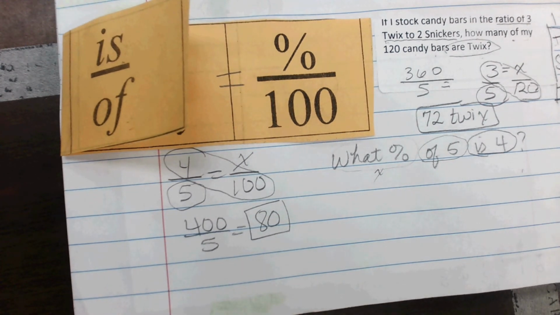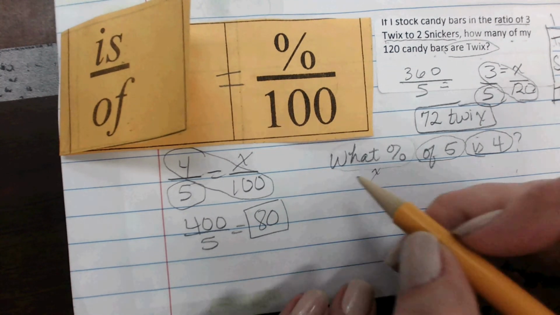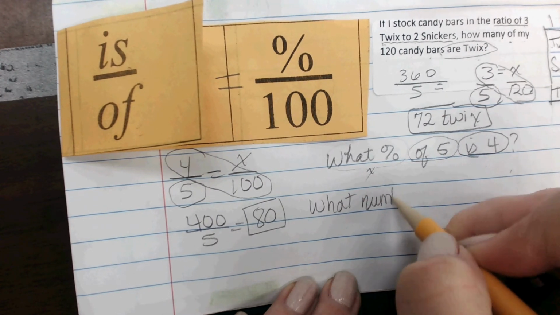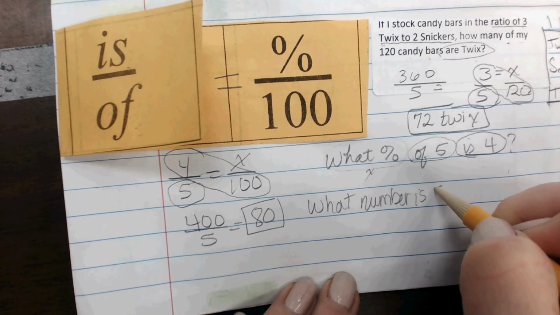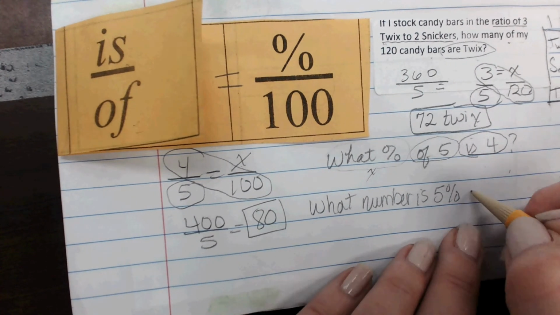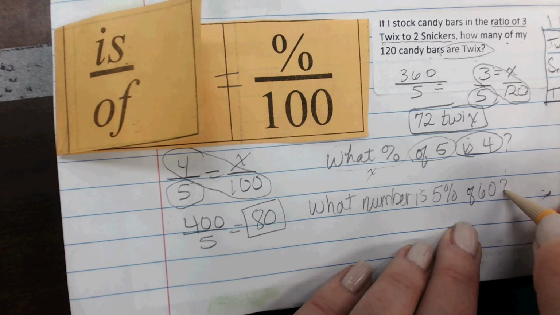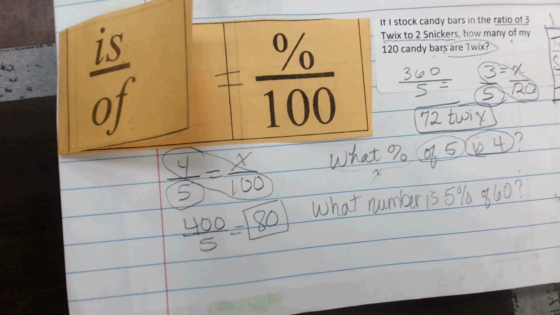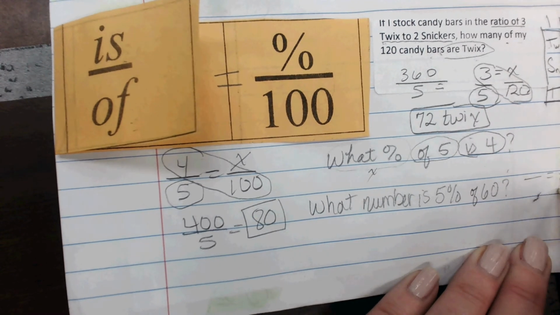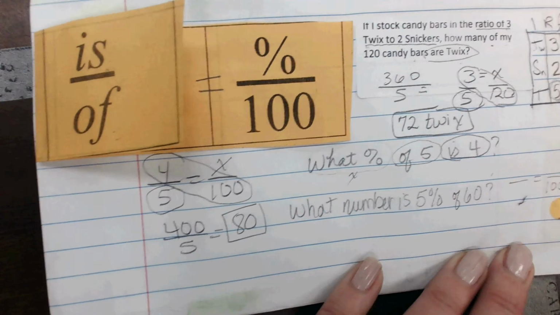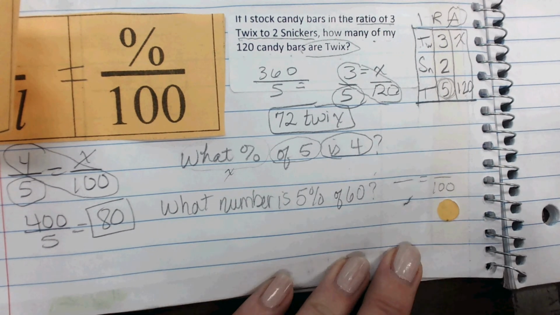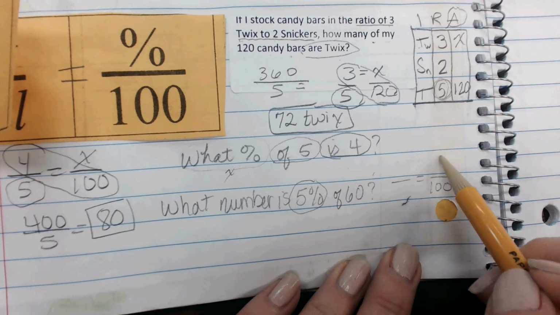How about, what number is 5% of 60? I've been given a percent. Well, let's see. If I do part over total equals percent over 100, because I have been given the percent, I know it goes over my 100.